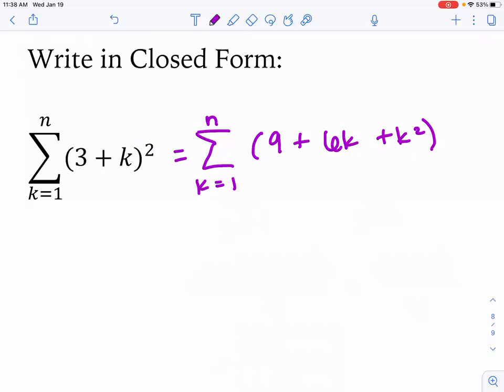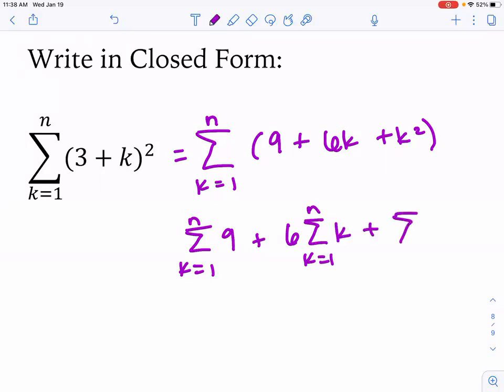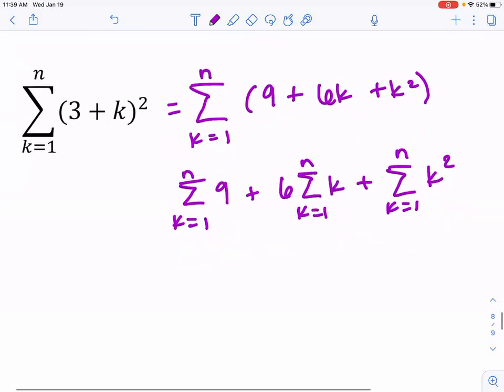Okay, so do you see how up there is n instead of a number? Yeah. Okay, so we have the sum from k equals 1 to n of 9 plus 6 times the sum from k equals 1 to n of k plus the sum from k equals 1 to n of k squared. The sum from k equals 1 to n of 9.